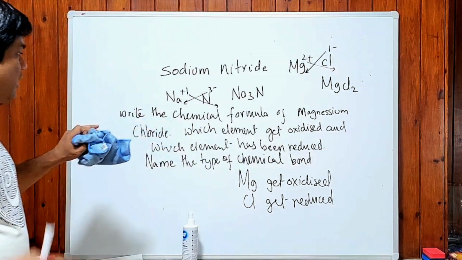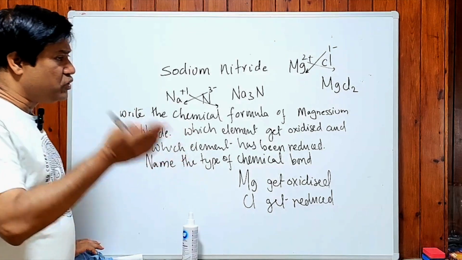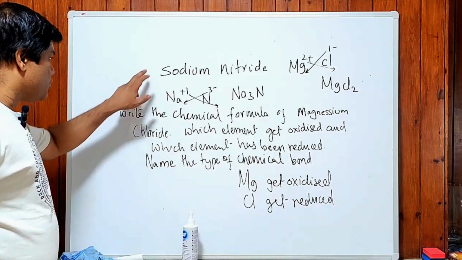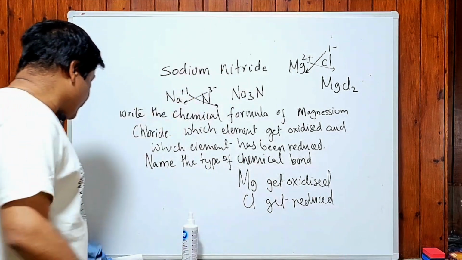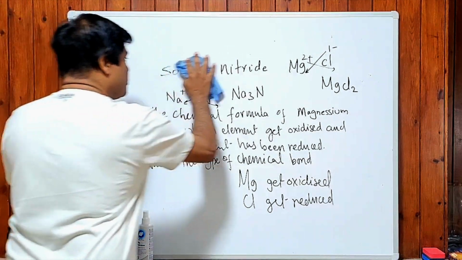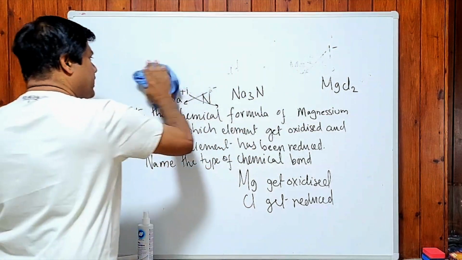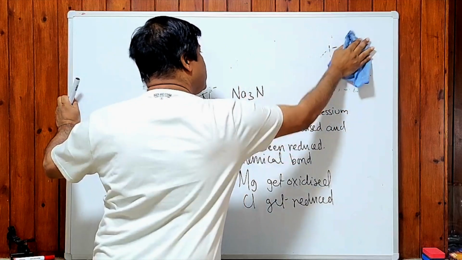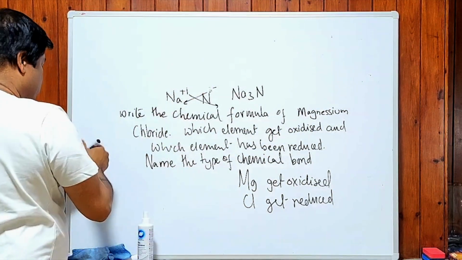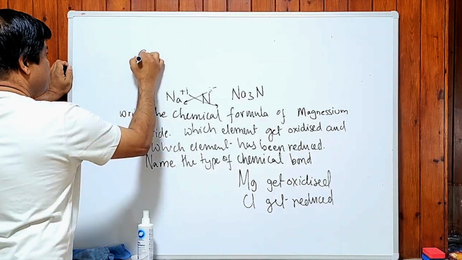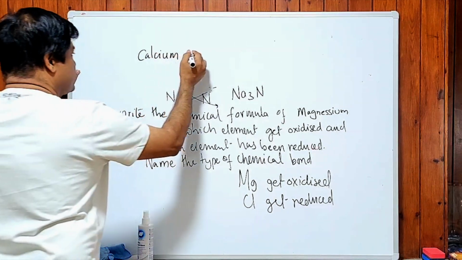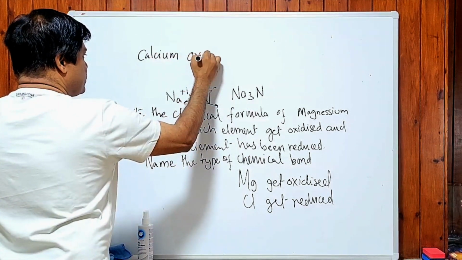Now, this is the example between group 2 and group 7. Now, group 2 versus group 5, group 6. Try group 2 versus group 6. Try magnesium oxide or calcium oxide. Okay, let's try calcium oxide. Write down the chemical formula of calcium oxide.